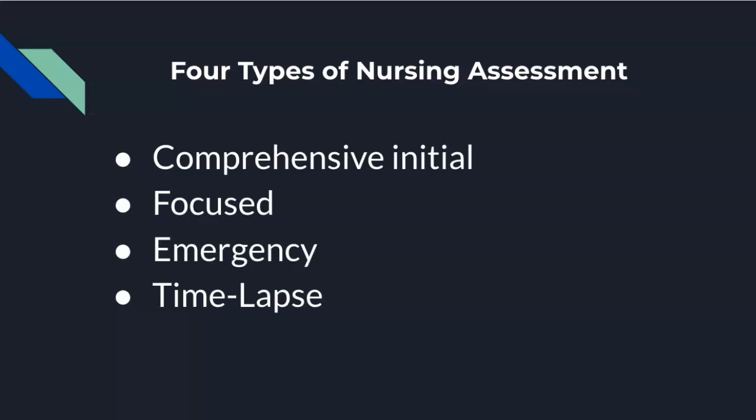An example of a comprehensive initial assessment for nurses is what happens when a nurse gets a new patient onto their unit, or if they're working in long-term care. That is when the nurse that accepts the patient has gotten report and will do a complete, comprehensive head-to-toe assessment.